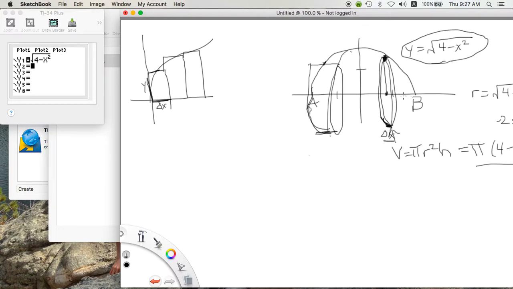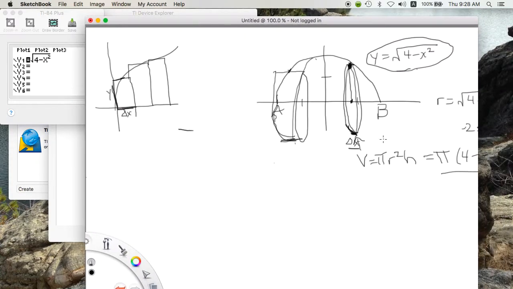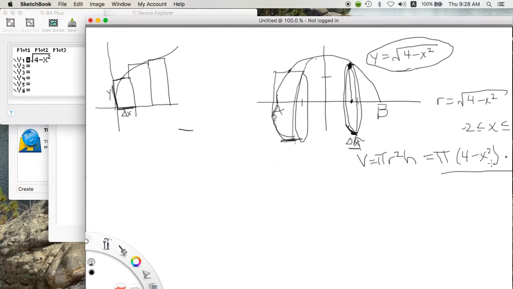So the program is going to find our delta x for us. So we just need the function that we want, which in this case gives us this part right here, because that's the volume that we're adding up.